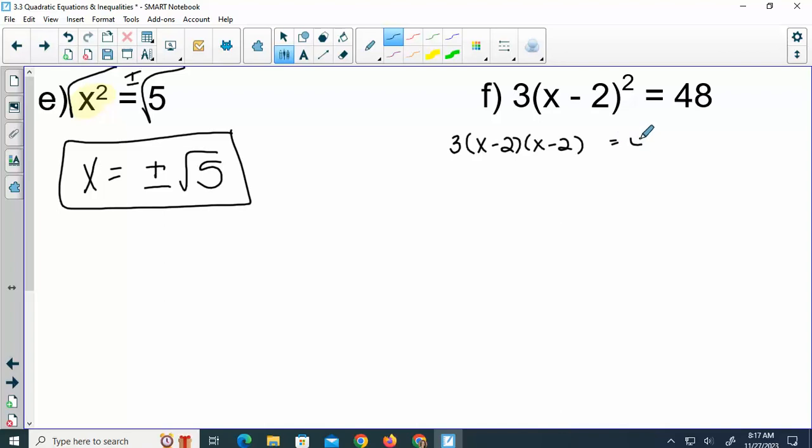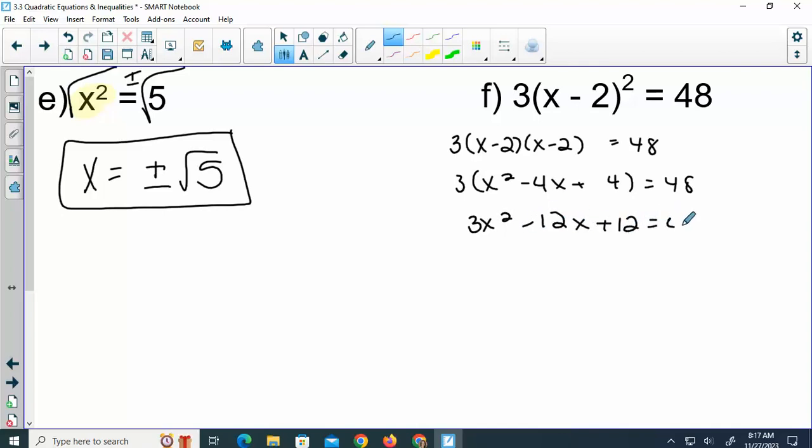So now we multiply, so that's x squared minus 4x plus 4. Distribute the 3x squared. What would you do now?